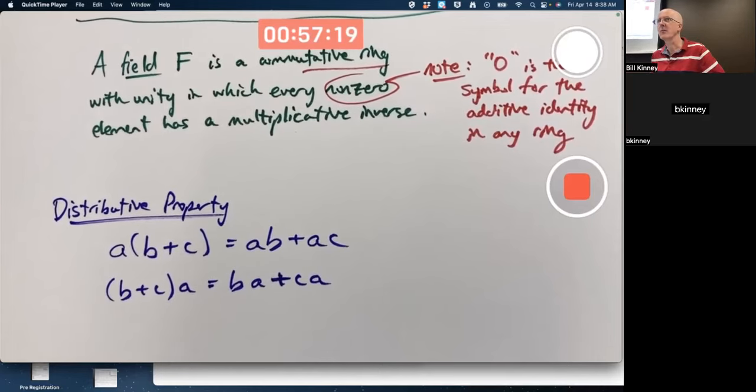I do want to show you a couple more examples of rings, but let me just highlight something else here. Is this related to vector spaces? Yes and no. Vector spaces and rings and fields are all abstract objects. They're algebraic structures. What went on in vector spaces?